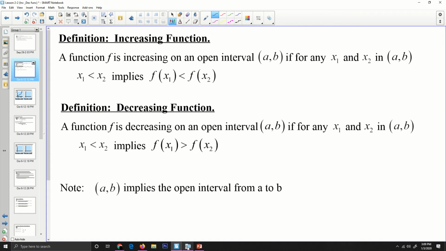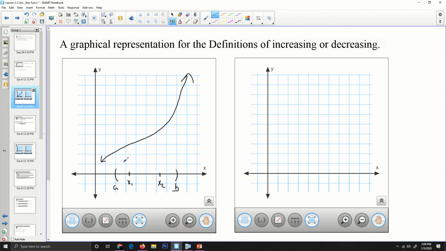And so if x1 is less than x2, that's going to imply that f of x1 is less than f of x2. If I follow this up right here, and I follow it over, this point right here is f of x1. And if I follow this up to here, and I follow it over, that's f of x2, and clearly f of x1 is less than f of x2.